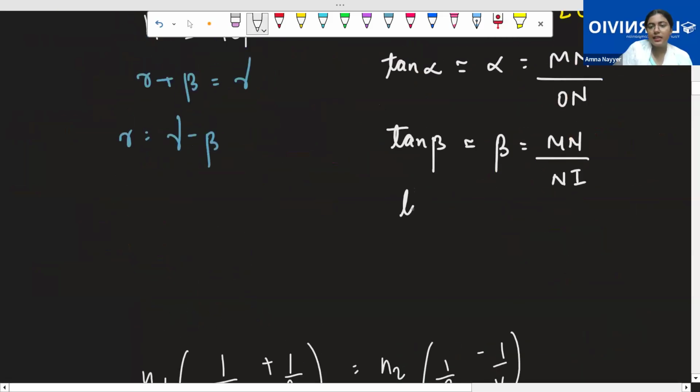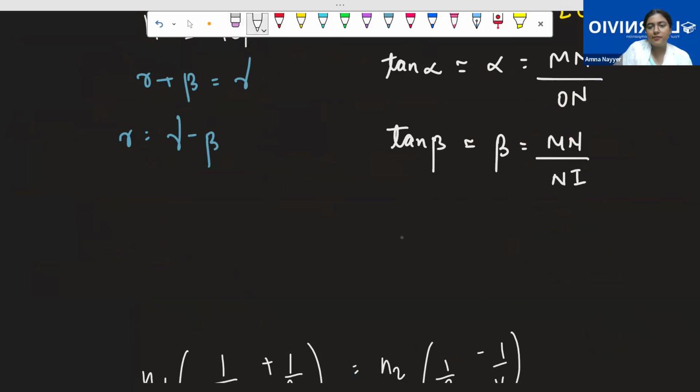So we can say tan gamma is almost equal to gamma, that is MN by NC. Okay.